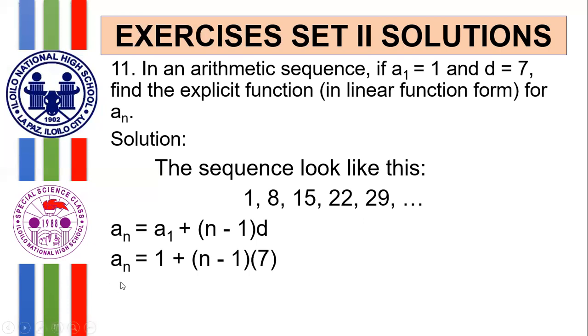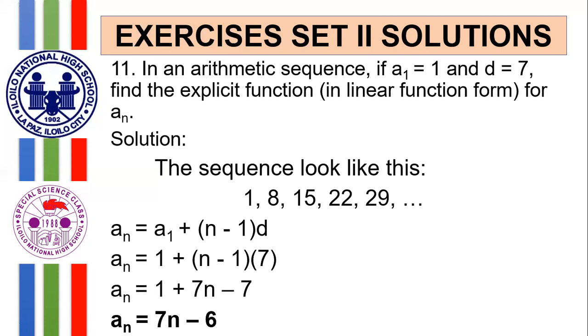We did not substitute any value for n because we will determine the function for any natural number n. And if we distribute this 7 here, n times 7 will be 7n. Negative 1 times 7 will be negative 7. That is why you have a sub n equals 1 plus 7n minus 7. And we can still combine 1 and negative 7 into negative 6, right? That is why a sub n is equal to 7n minus 6.